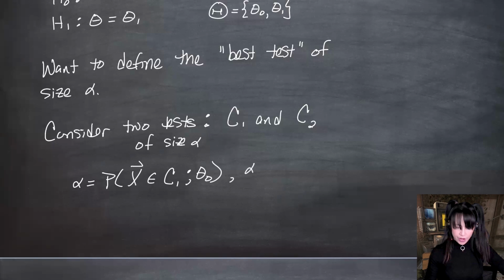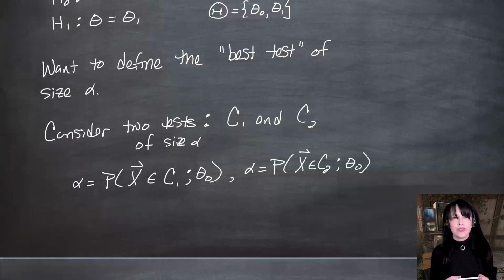And we also know that you have to get alpha as the probability your data is in C2 when the null hypothesis is true. If we have 2 tests of size or level of significance alpha, then they satisfy these 2 statements. So when can one be better than the other? They have the chance to differ when the alternative hypothesis is true.